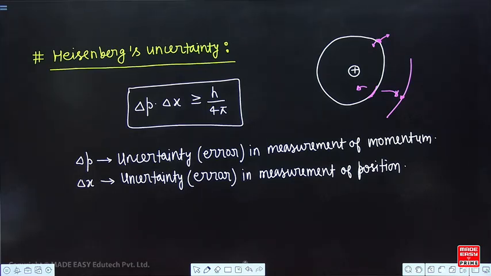Please note down one or two lines related with Heisenberg's uncertainty principle.